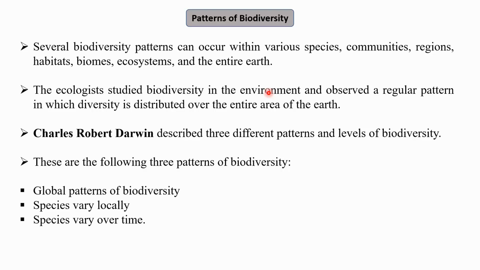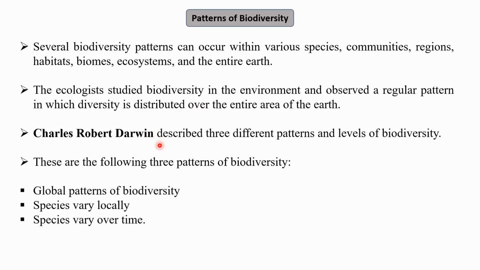Therefore, biodiversity may vary depending on space or with time. Charles Robert Darwin described three different patterns and levels of biodiversity.